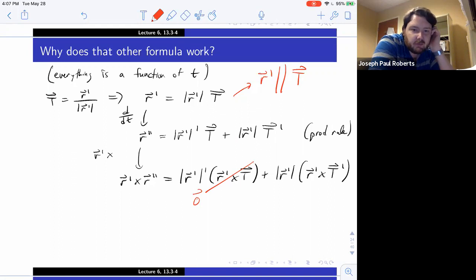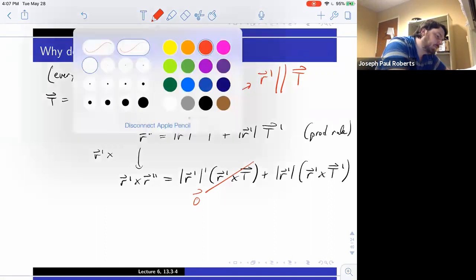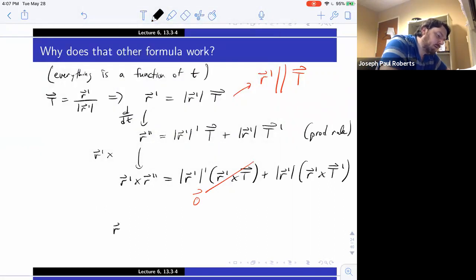So r prime cross T is 0 because T is just r prime normalized. The cross product of parallel vectors is always 0. Okay, so I'm left with r prime cross r double prime is the length of r prime times r prime cross T prime.